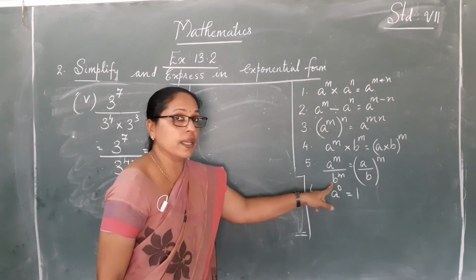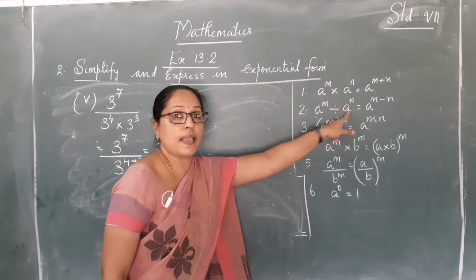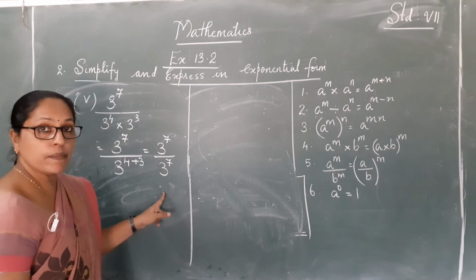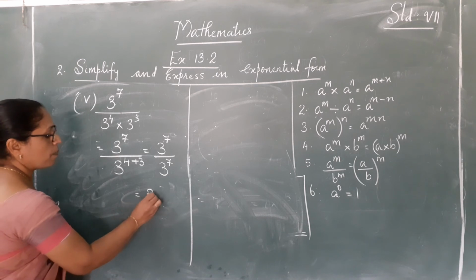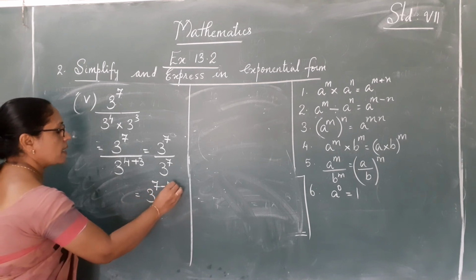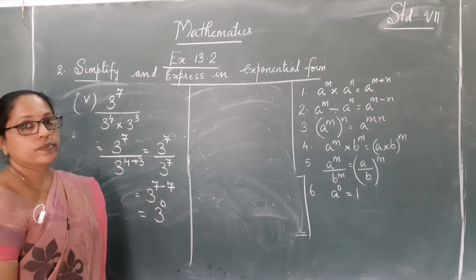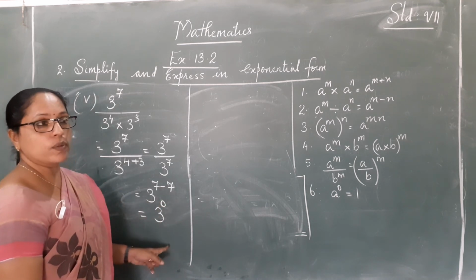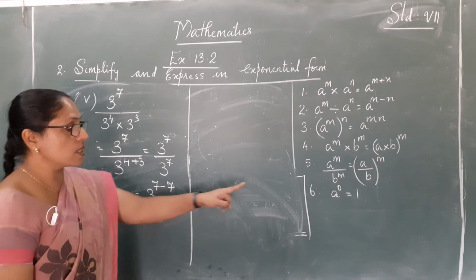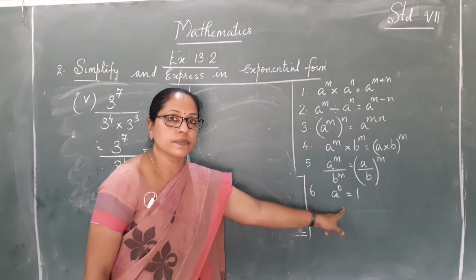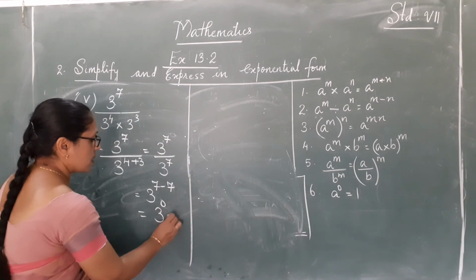Here the base is same, so what we have to do? Subtract the powers. 7 minus 7, 3 raised to 0. 3 raised to 0 means what is the answer? Yes, 1. So the answer is 1.